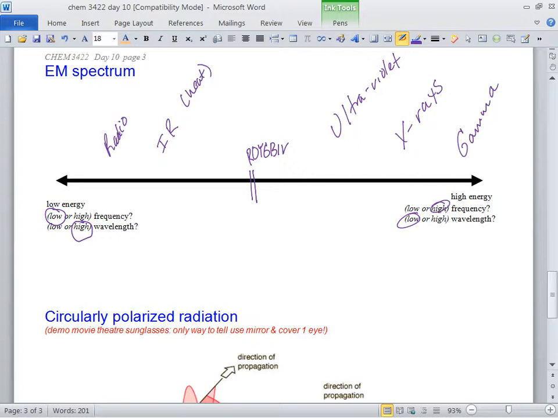So this is on the order of starting around yards and bigger, right? And then this is on the order of nanometers, 10 to the negative 9 meters. So now we're talking about the size of molecules.